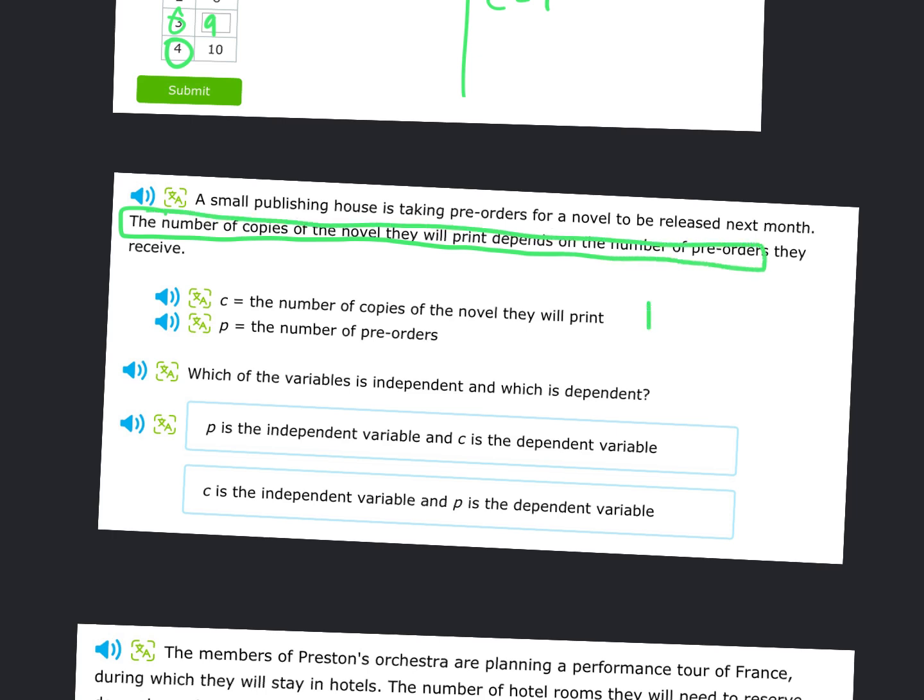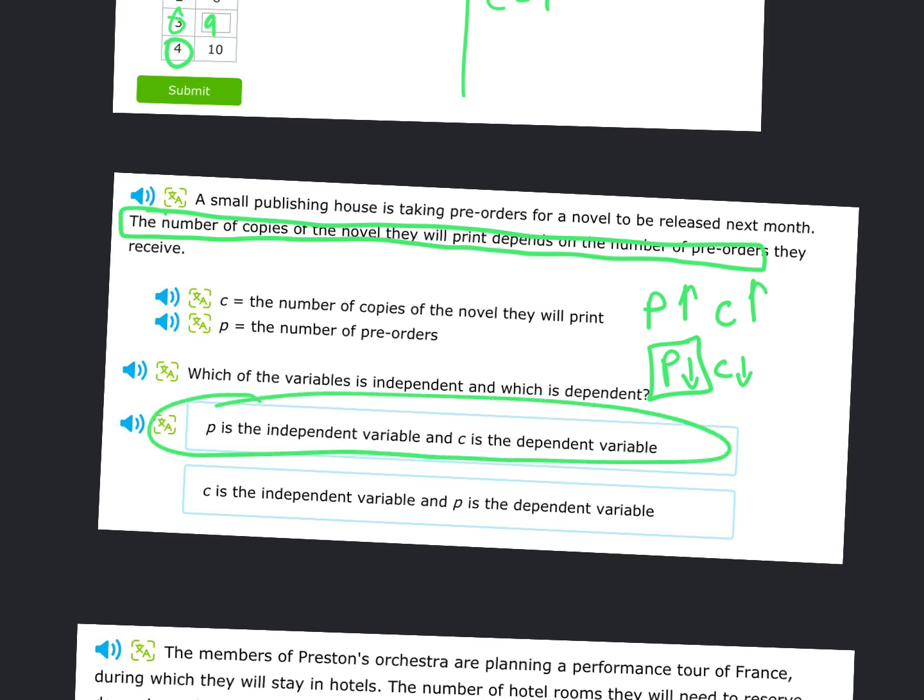So if pre-orders are up, the copies are going to go up. If the pre-orders are low, they're going to be lower copies. So our independent variable is our P, the number of pre-orders, right? So we would select that option, and the number of copies that we get is dependent on the number of pre-orders that we have.